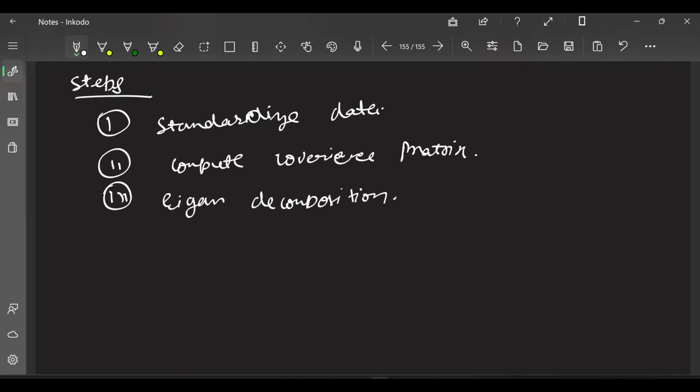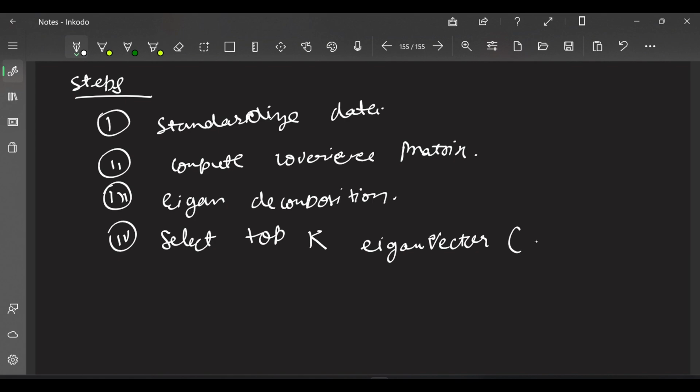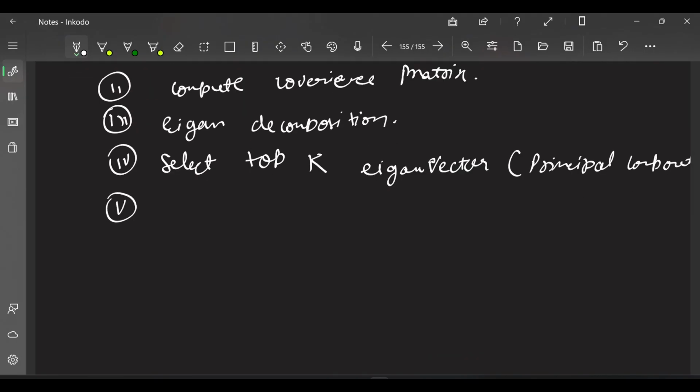And then we will select top k eigenvectors, which are the principal components, and then in the last we will project data onto new axes.